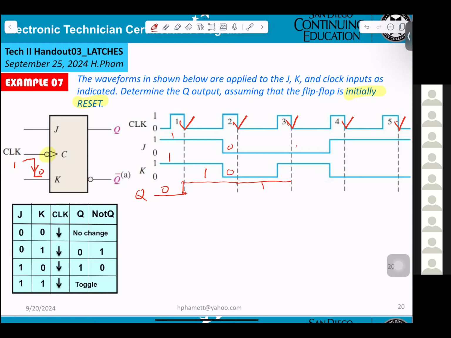Next clock, you get 0 here, 1 here. J is 0, K is 1. Output 0. Okay? And now you get a 1, 0, and it goes high. Going to 1, right?